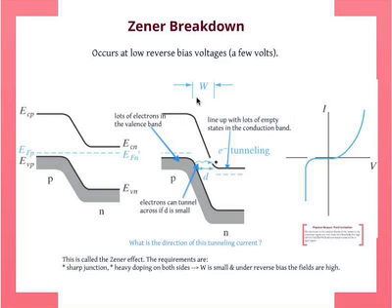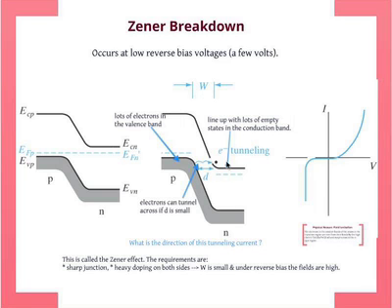Now, when you apply reverse bias voltage, you can see that this is reverse bias because it's increasing the band curvature. The quasi-Fermi level splits by a value equal to the applied reverse bias voltage. The depletion region width increases, all the usual stuff.